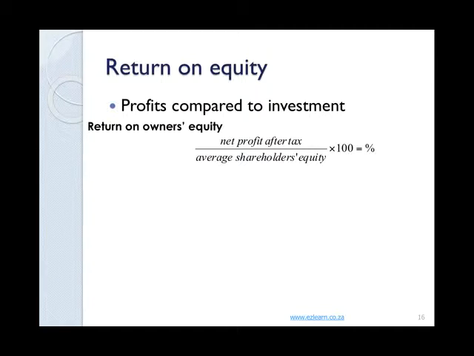We will therefore use our net profit after tax and compare it to our average shareholders' equity. Again, keep in mind that shareholders' equity includes retained earnings as well as the initial shareholders' ordinary capital. This is what is earned by the owners on the total investment that they have made in the business.